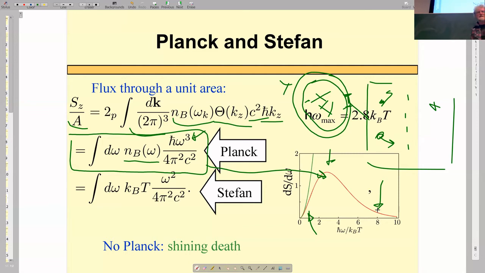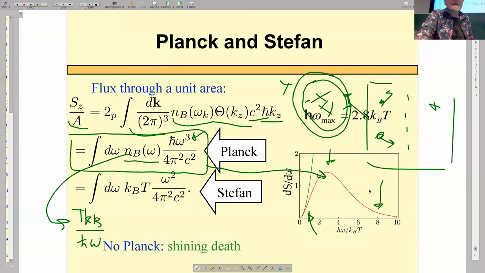If the Planck constant is 0, the number of photons, and that is clear from classical physics, is k_B T divided by h omega. And so what you have to integrate just diverges.